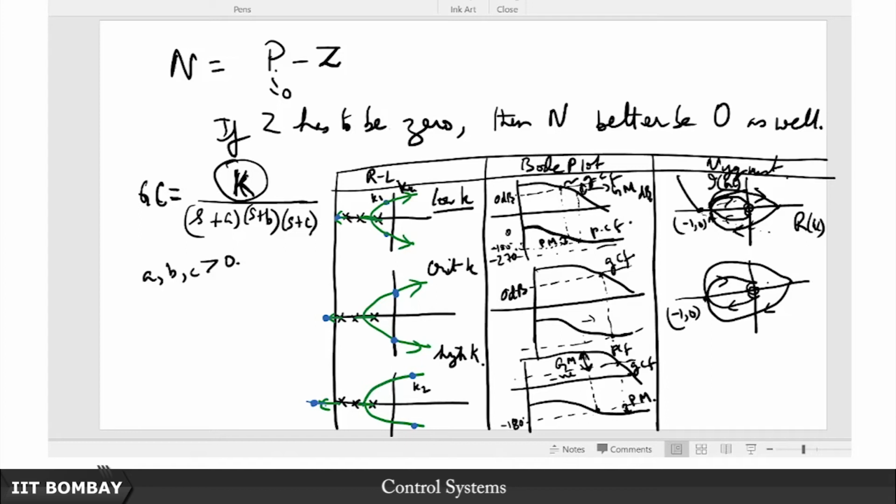The Nyquist diagram will pass through this critical point. That means that at that point you exactly have the roots on the brink of migrating from the LHP to the RHP.